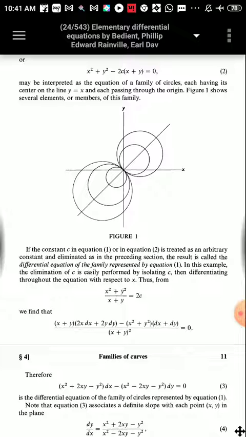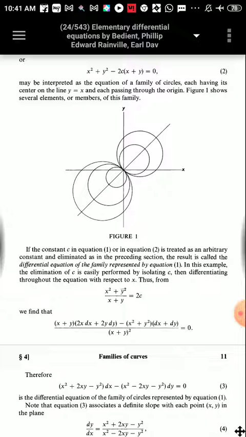Thus, from (x square plus y square) divided by (x plus y) equal to 2c, we find that the final differential equation which we get is (x square plus 2xy minus y square) dx minus (x square minus 2xy minus y square) dy equal to 0, which is a differential equation of the family of circles represented by equation 1.